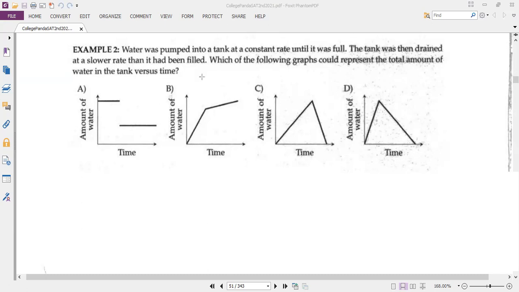He mentioned in this example, water was pumped into a tank at a constant rate until it was full. Full stop. So with respect to time, we have a volume of water, or capacity, just amount.